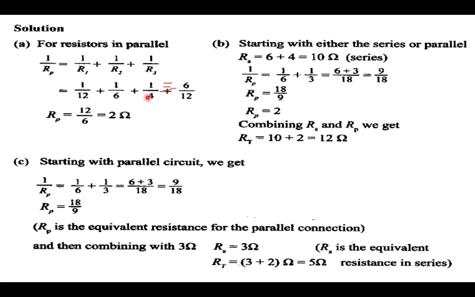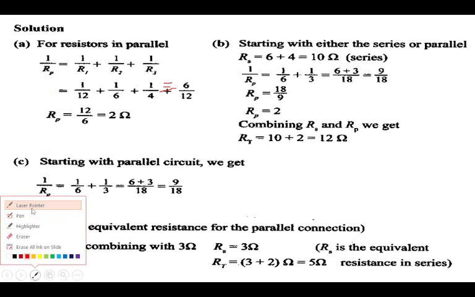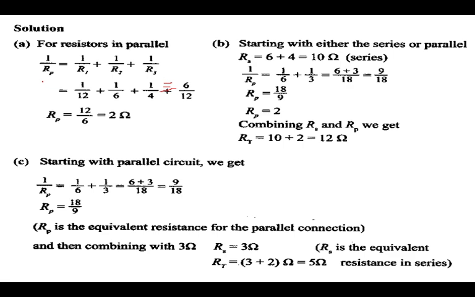So you simplify this fraction, it will give you 6 over 12. But this is 1 over R, and you are not looking for just 1 over R. What is R here? So you shall have to invert the fraction. So this bottom part goes up.